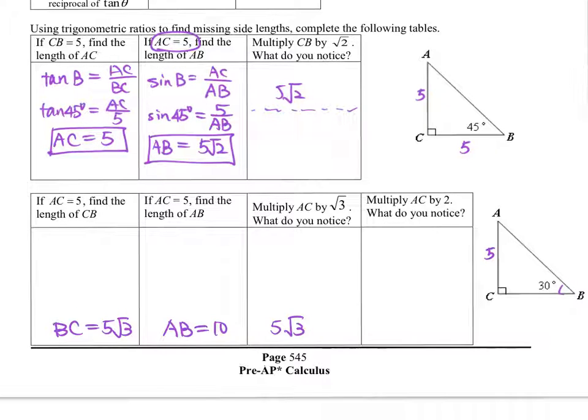And if you multiply AC by 2, so 2 times 5 equals 10, which makes 2AC equals AB. Interesting enough. See what conclusion you can draw from that.